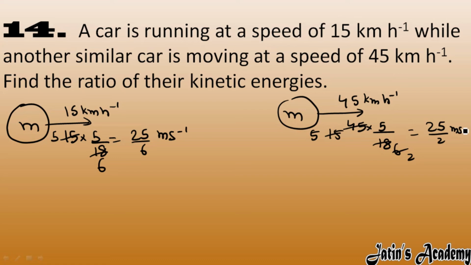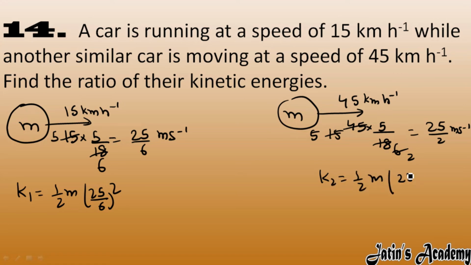Now we have to calculate kinetic energy in this case, which is half mv square, with 25 by 6 square. Here we have to calculate kinetic energy: half mv square means 25 by 2 square. Now there is no need to open this, just directly take the ratio because it cancels out.